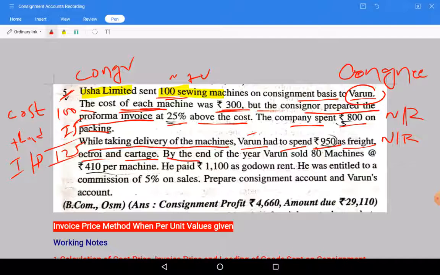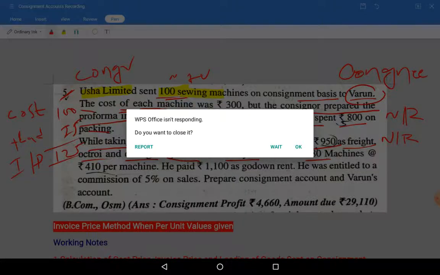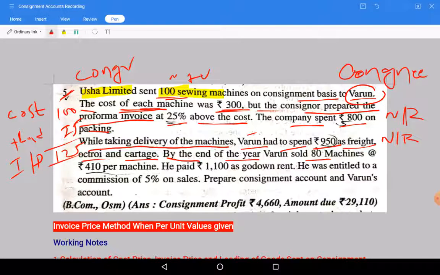By the end of the year, Varun sold 80 machines. The total sent was 100.